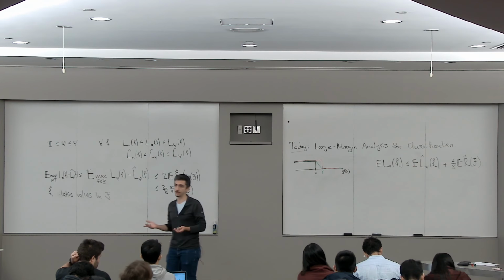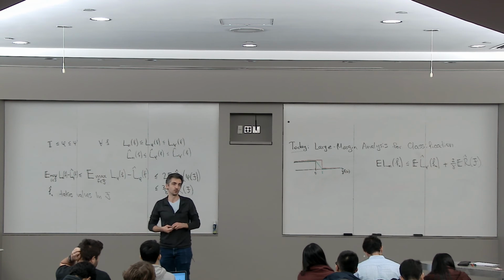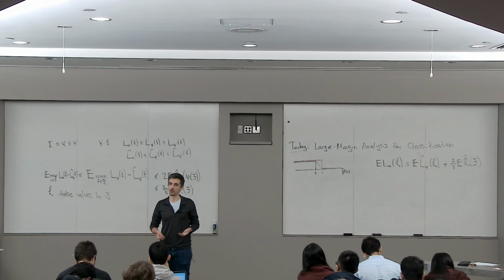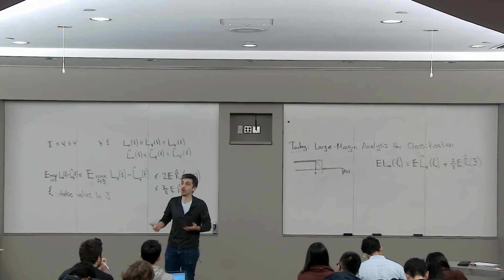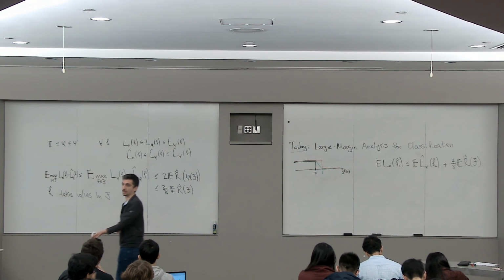That's it. It's really a one-line proof. That's the highlight of large margin theory that was explaining the good performance of support vector machines. Or it's one way to explain the good performance of support vector machines.